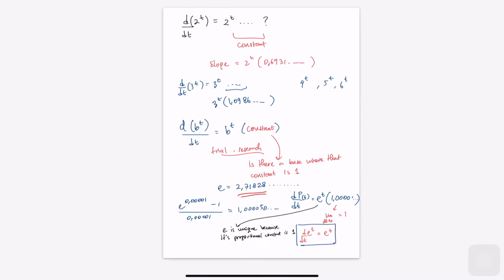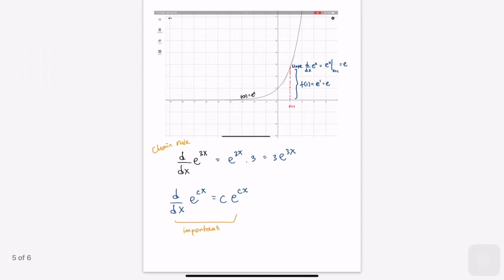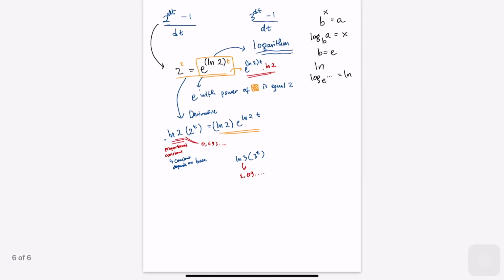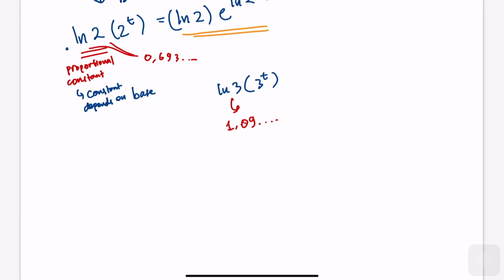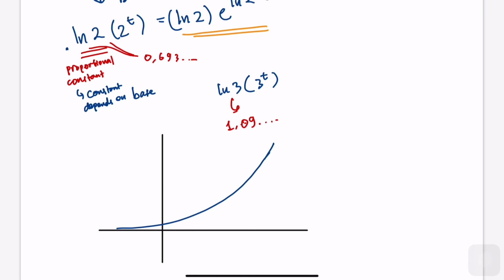And if you later look at calculus, we'll always see e with the power of x.